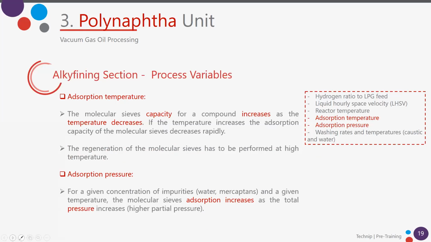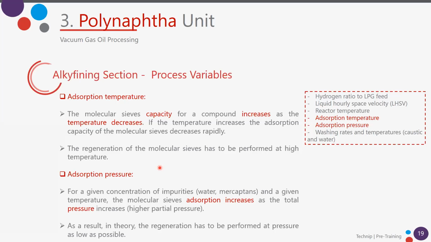And the pressure, so for a given concentration of impurities, water, mercaptans, and a given temperature, the molecular sieve absorption increases as the total pressure increases. Higher partial pressure. The regeneration has to be performed at pressure as low as possible. For these absorbers, it's always the same.